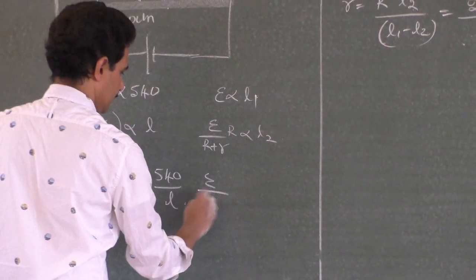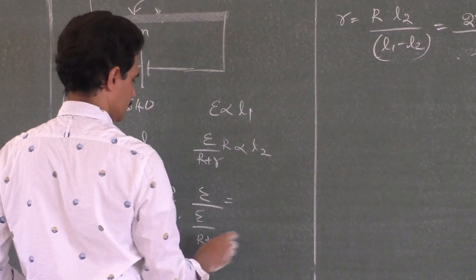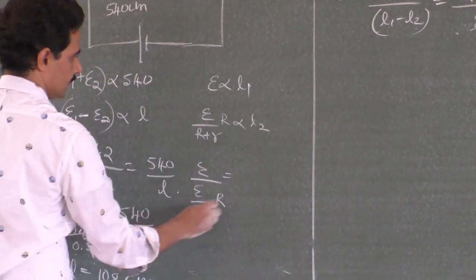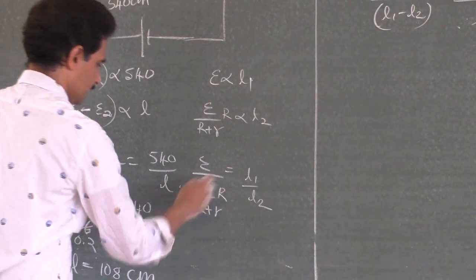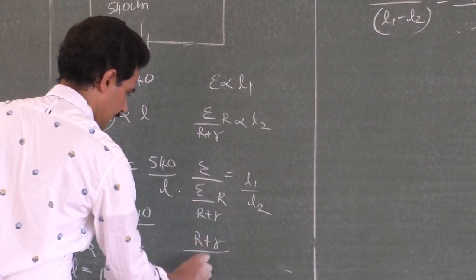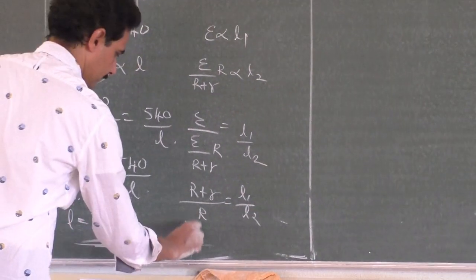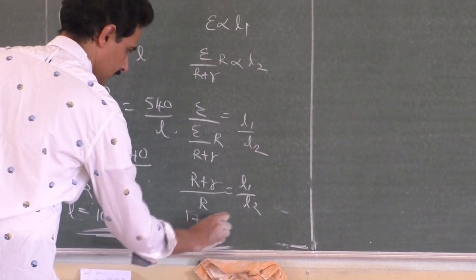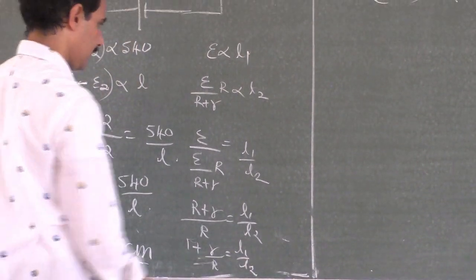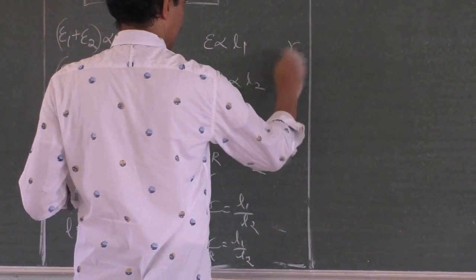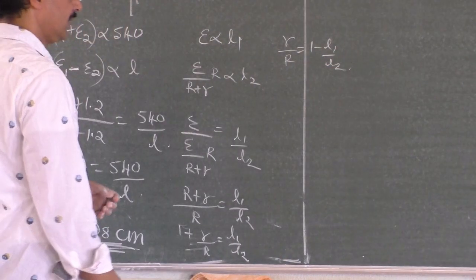E by R plus r into R is equal to L1 by L2. Then R plus r by R is equal to L1 by L2. If I bring this, 1 plus r by R is equal to L1 by L2, what you will finally arrive at is r by R equal to L1 by L2 minus 1. Yeah, it should be the inverted formula, right?